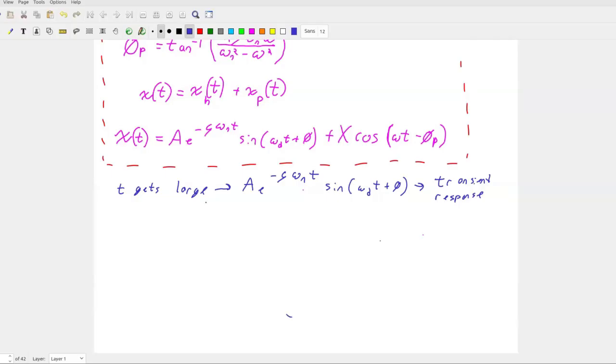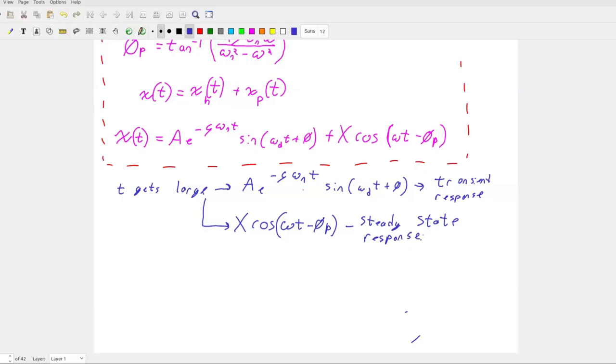Vice versa, if t gets large, capital X cosine of omega t minus phi p, that has t inside the cosine, so that's going to continue to vibrate. It's going to oscillate. It's not a free vibration now, it's a forced vibration. And we call this our steady state response.